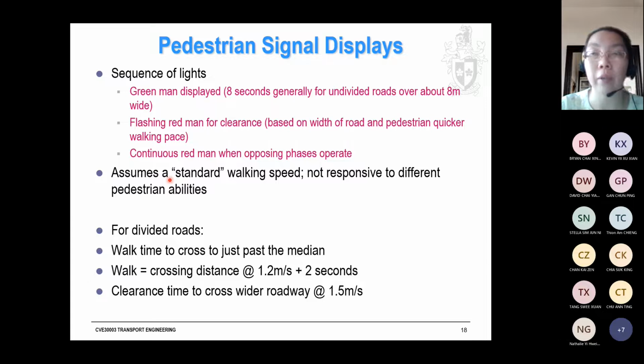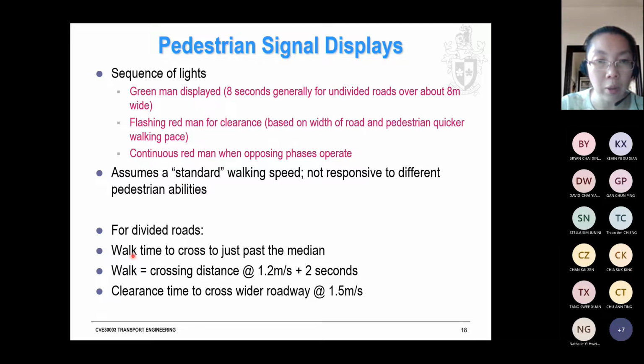So if you know that an area has a high number of people with disabilities, then we may look at adjusting the walk time, the green time, by adding some additional seconds. Otherwise, for a standard crossing time, this is usually what we do.